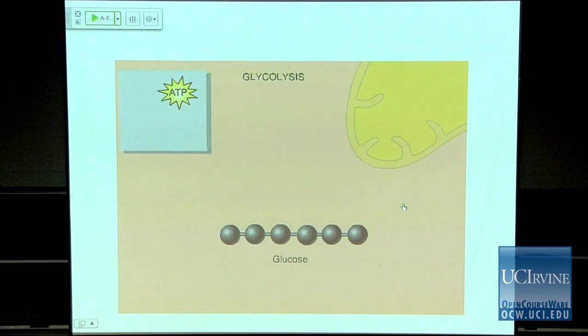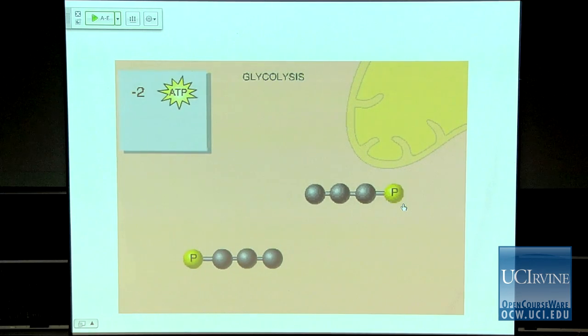Glycolysis is a series of chemical reactions that can be divided into 2 main phases. In the energy investment phase, some ATP energy is used to start the process of glucose oxidation. By the end of this phase, a 6-carbon molecule, glucose, has been split into 2 molecules containing 3 carbons each. The 3 carbon molecules now enter the energy payoff phase. Chemical bonds are broken, and NAD+ picks up electrons and hydrogen ions, forming NADH.